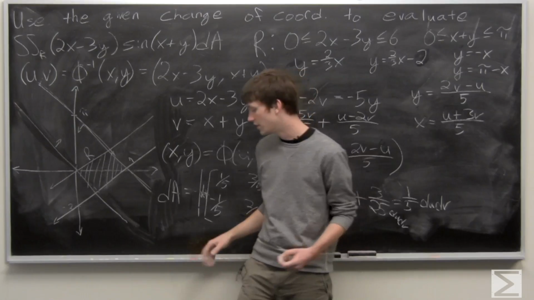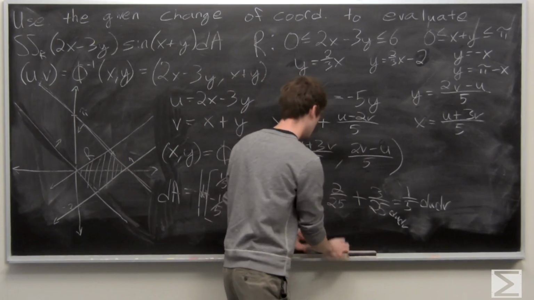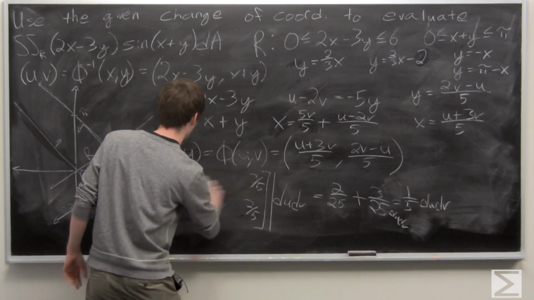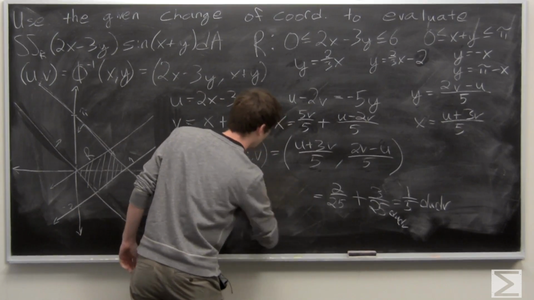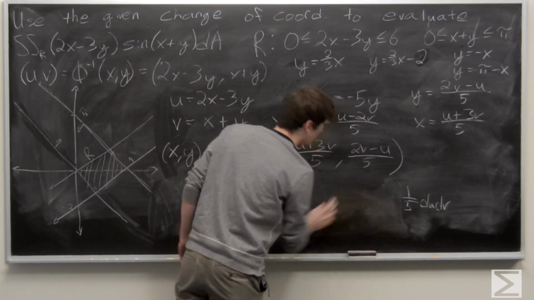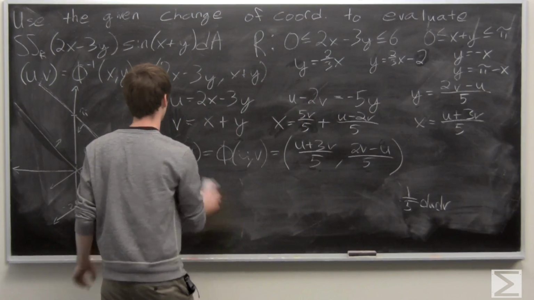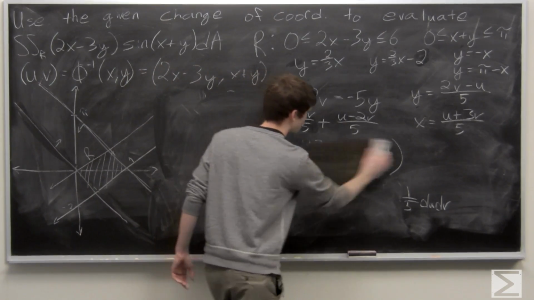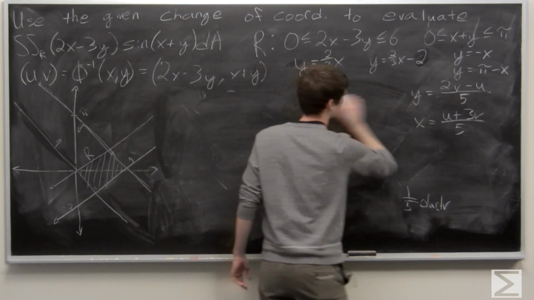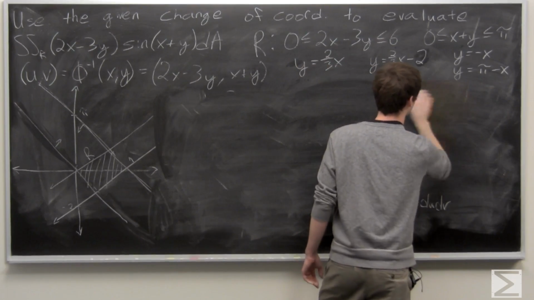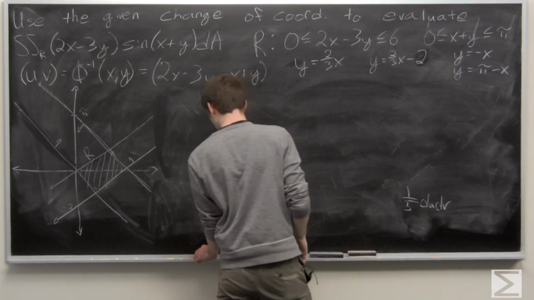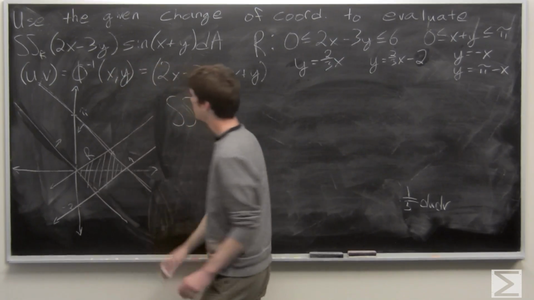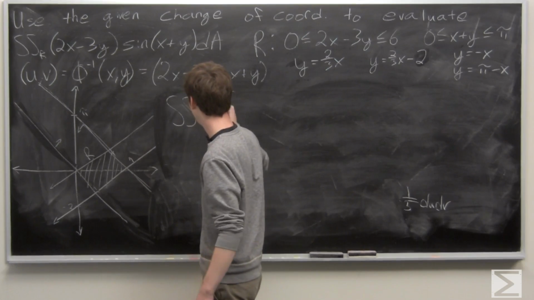Okay, so we have all of our information in order to change our double integral into in terms of u and v. So we can go ahead and do that. So again, this first term is just u.